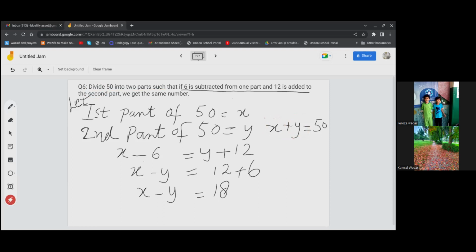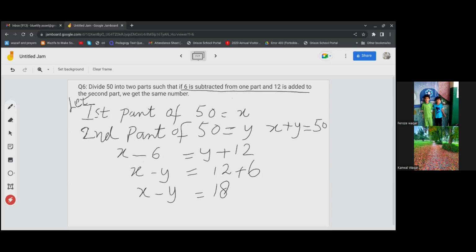First equation is this one, and we have this other equation. If we have two different equations, we will solve by using the simultaneous linear equation method. So how do we solve it?